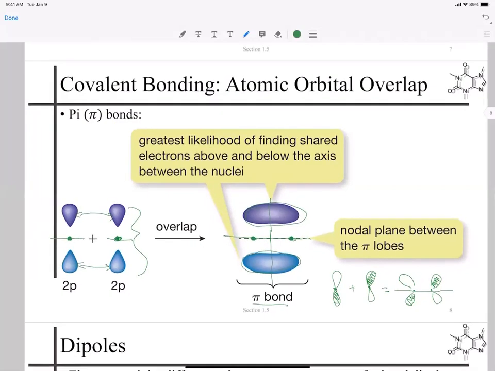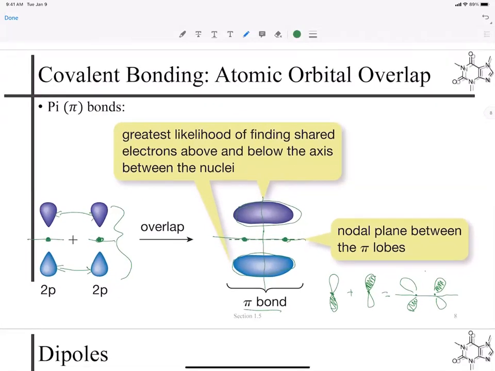But what I'm more interested in here is seeing that now there's a node in between those two different lobes, and that's an area of zero probability of finding an electron, and therefore this is not a bond. This is an anti-bond. We're going to get back to these orbital pictures a little bit later on when we start talking more about pi bonding.